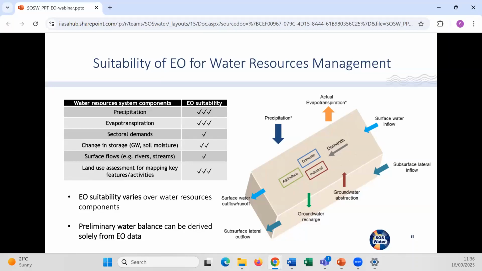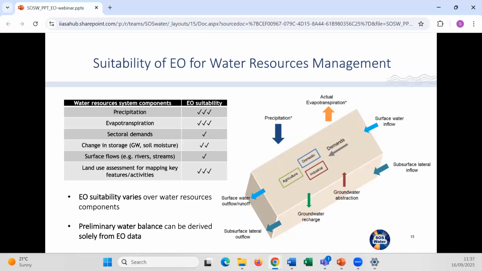And you can see there are quite some differences between the water resources components. For instance, precipitation and evapotranspiration are less complex to observe compared to sectoral demands. And the most complicated parts of the sectoral demands are mainly the industrial and domestic demands.